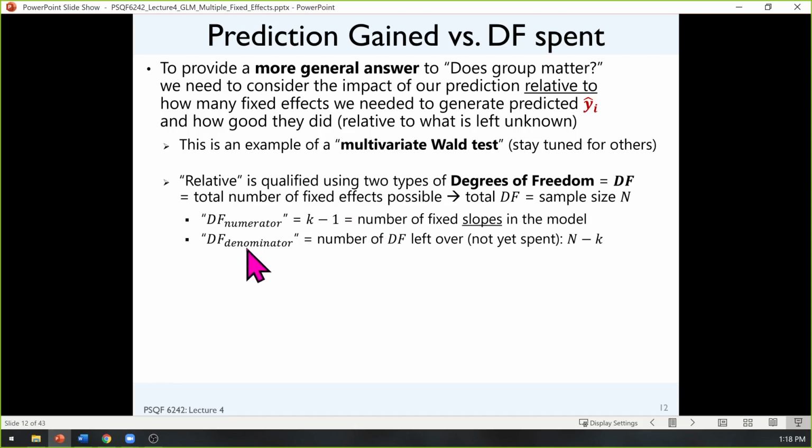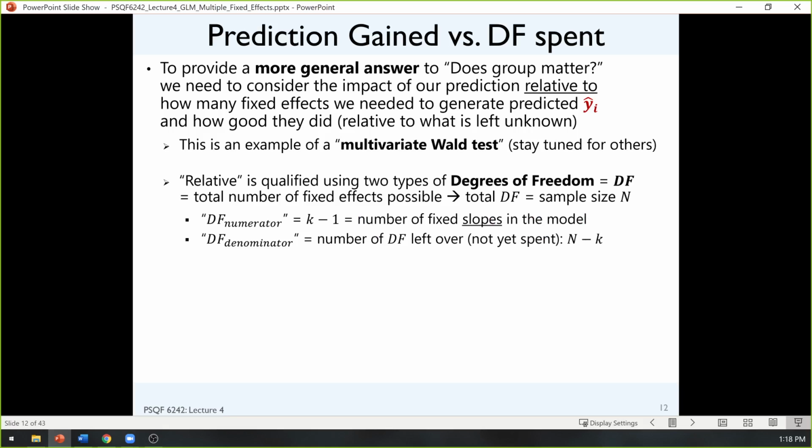The degrees of freedom for the denominator of this test refers to how many slopes you could possibly have included. That's a function of sample size. So degrees of freedom for the denominator is the number of people in your sample minus the number of fixed effects you've already spent. So in this example, I have 734 people.